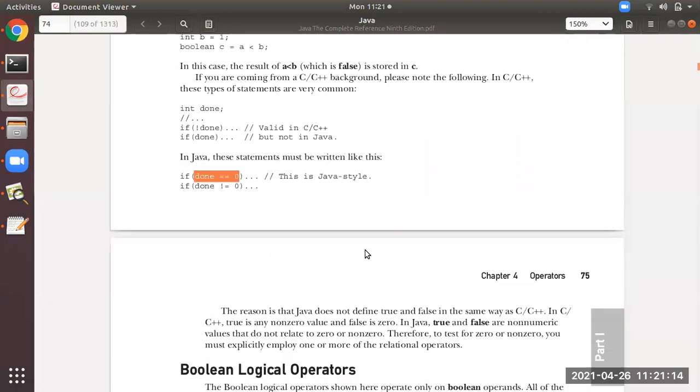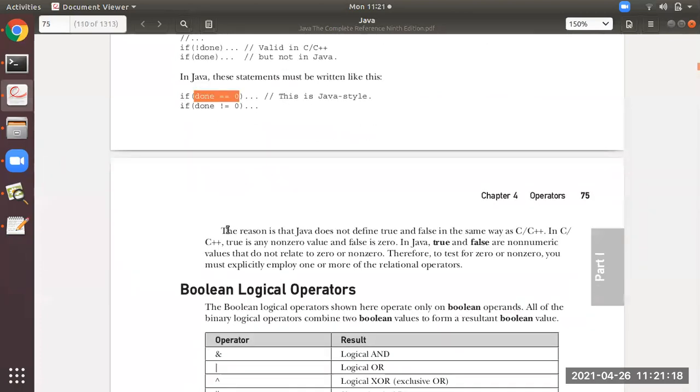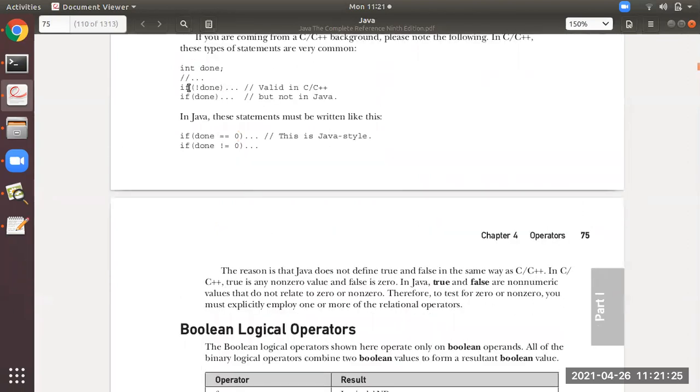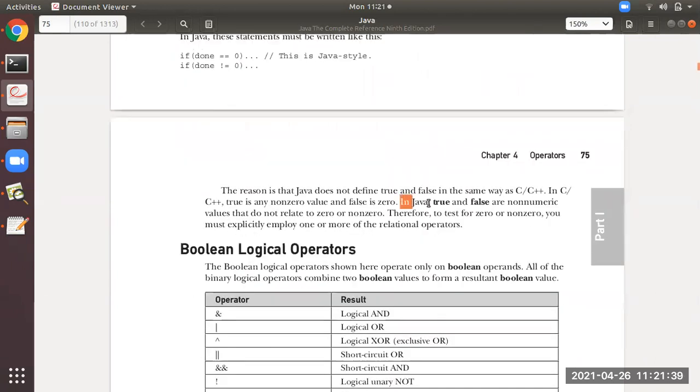So done double equal to 0, that is correct. The reason is that Java does not define true or false in the same way as C++, because in C++ if this is not false, it is valid. Whereas this is not valid in Java because it will only deal with true and false. So in Java, true and false are non-numeric values that do not relate to 0 or non-zero.